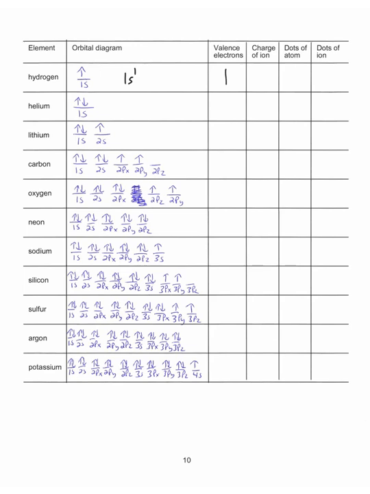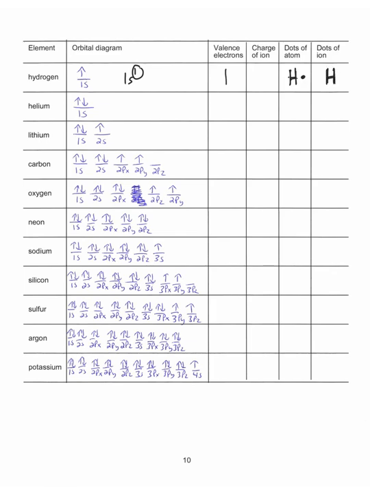Okay? So if I were to do the dot structure for hydrogen, I'd put the symbol H and I'd put 1 dot down. Now, what is hydrogen most likely to do when it comes to losing or gaining electrons? And the answer is, because it has only 1 valence electron, hydrogen is more likely to lose that electron, and therefore it becomes a hydrogen ion.